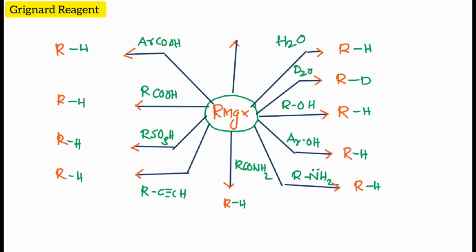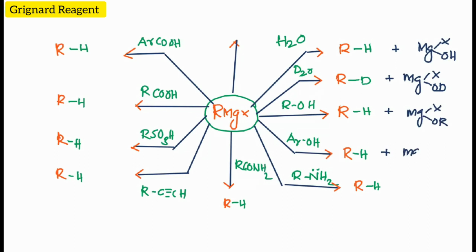And what byproduct is going to be developed now? In all the cases, MgX is common. Here MgX is going to bind with the OH. Here MgX binds with OD. Here MgX binds with the OR. Here MgX binds with the OAr.